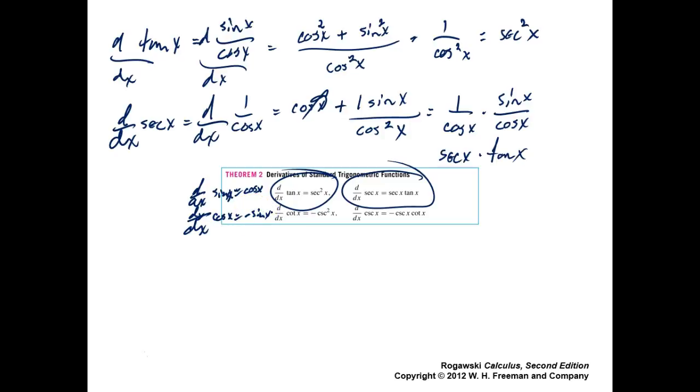Now, just a little thing that helps me: notice for the cofunctions, the derivatives are always negative, and the ones without the co in them are positive. I just remember that.